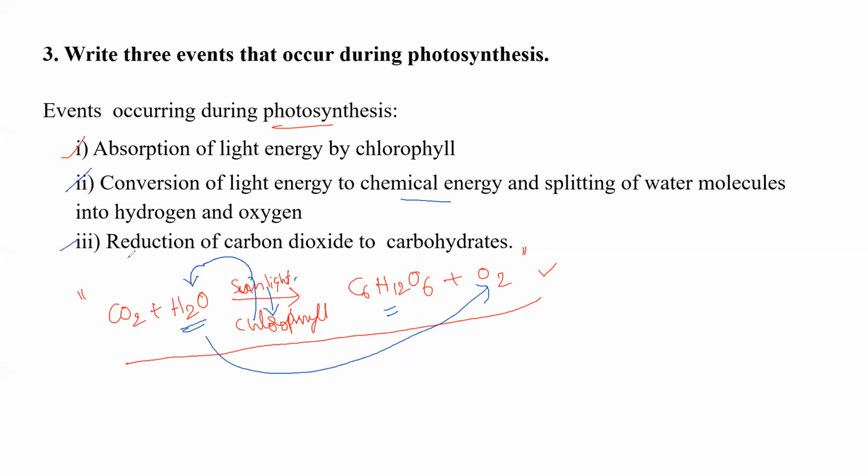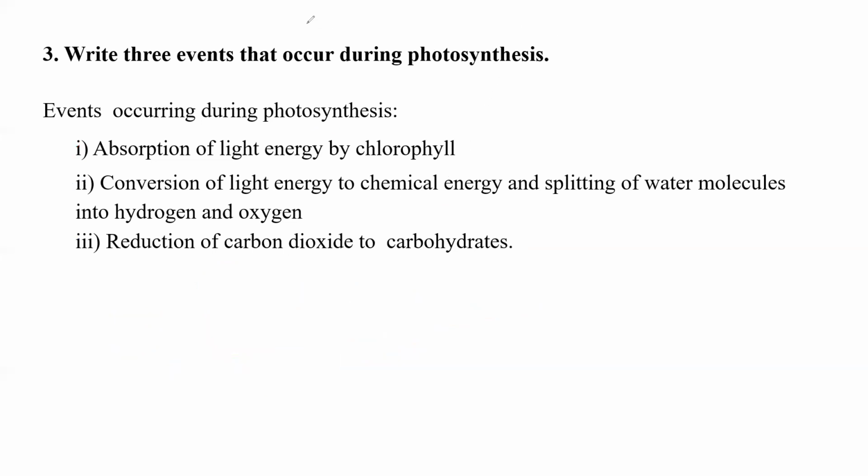The final step is reduction of carbon dioxide to carbohydrates. So carbon dioxide is reduced to carbohydrates. These are the 3 events which occur in the photosynthesis process.